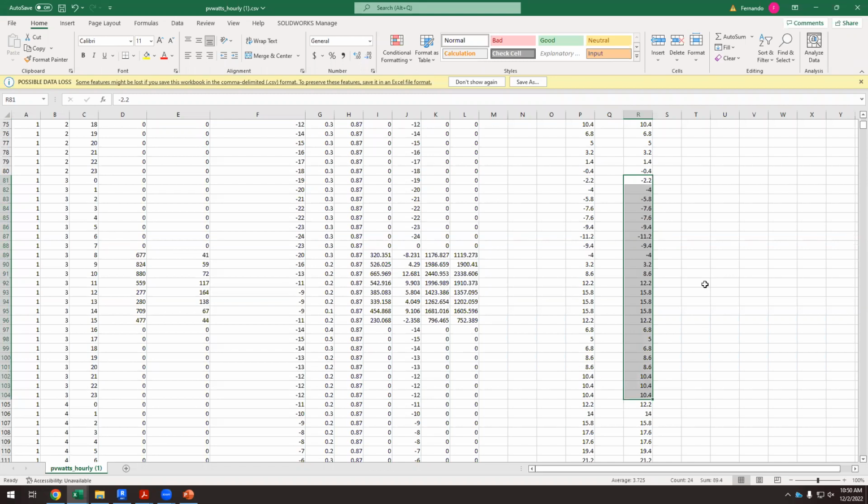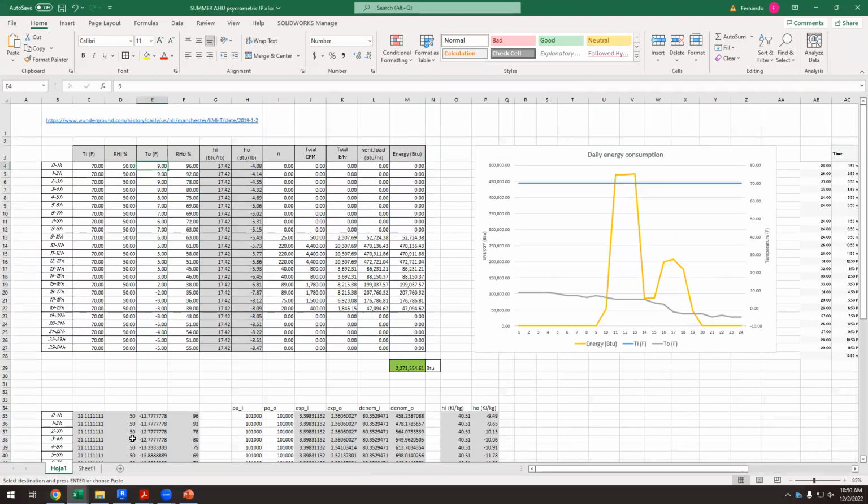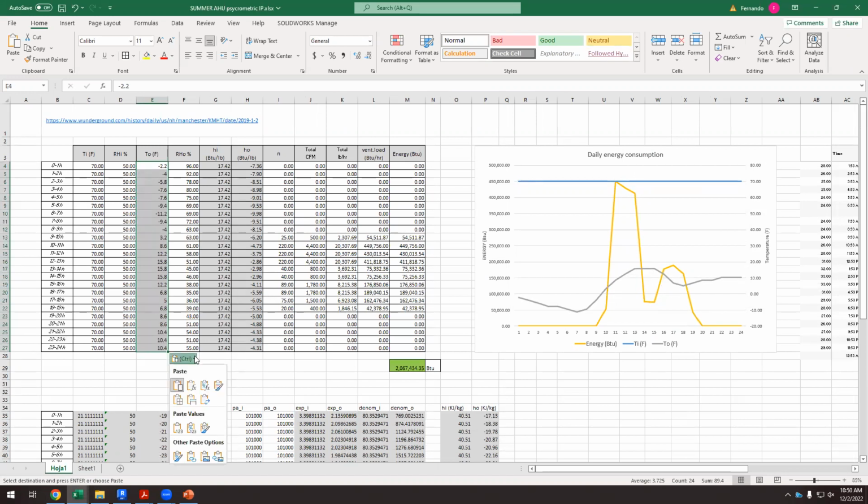Okay, so I'm going to copy this, and now I can paste it here. Remember that I couldn't do that with the Weather Underground, but now I can copy and paste. And I'm going to paste only numbers. So that's the coldest day.